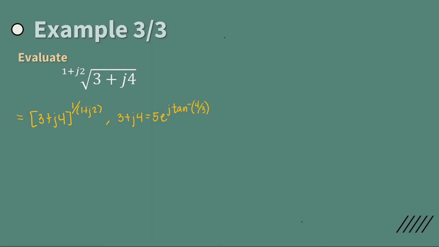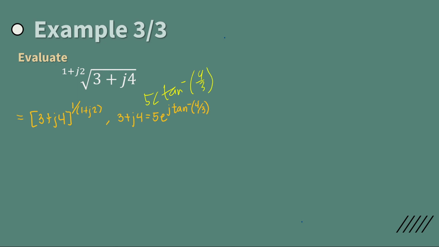So here we transform the base complex number, the 3 plus j4, into an exponential form. The 3 plus j4 has modulus 5. Actually, this is 5 angle tangent inverse of 4 over 3.